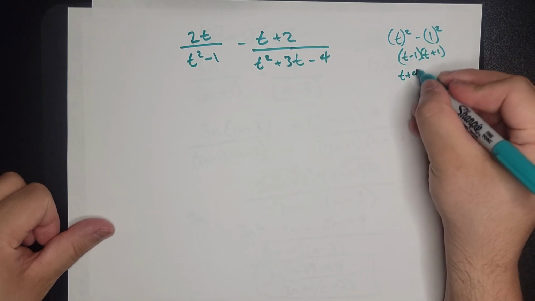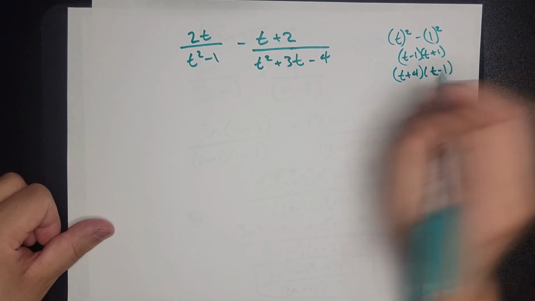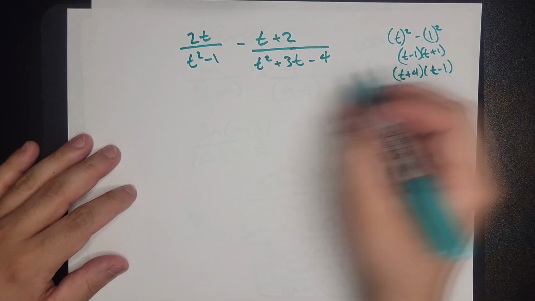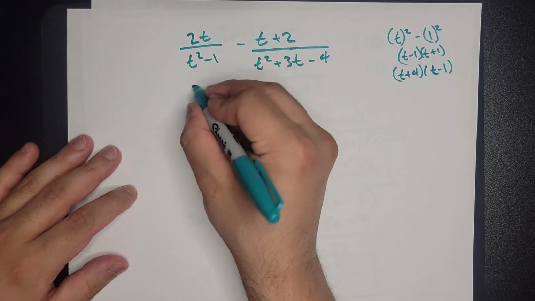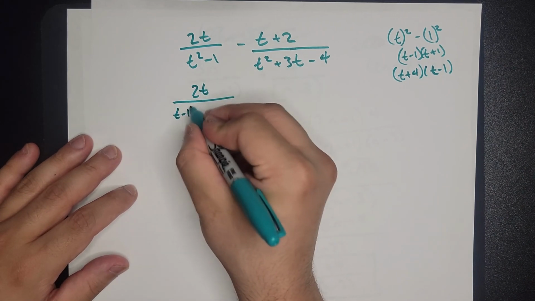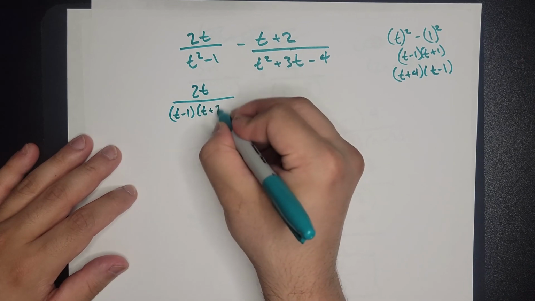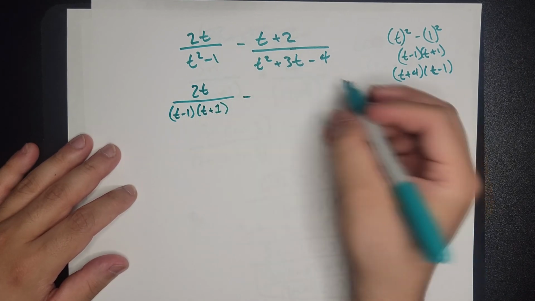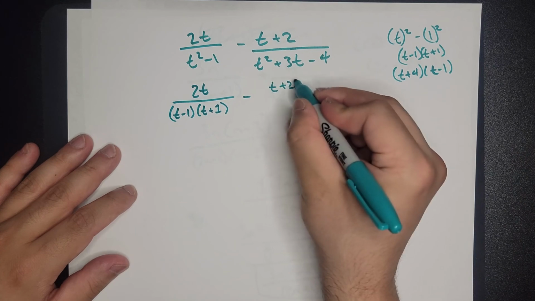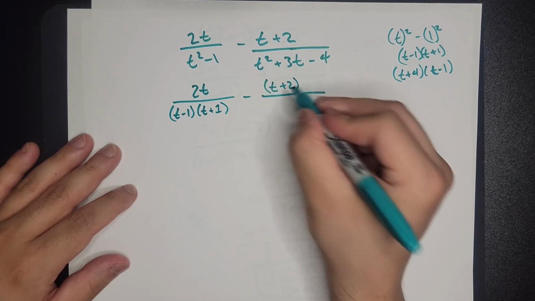That's t plus 4, t minus 1. So I can rewrite this as 2t over t minus 1, t plus 1, subtract t plus 2 over.